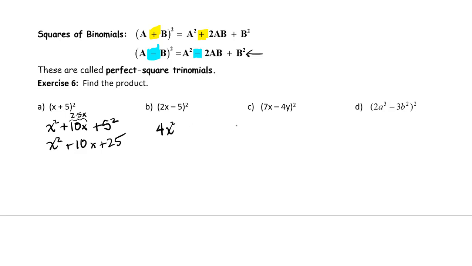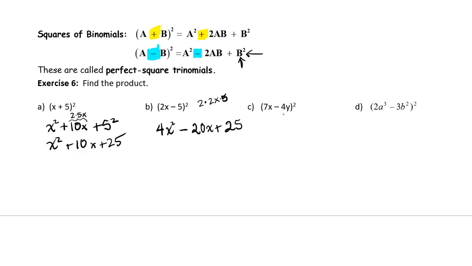And then our last term, if we look at the b squared portion, that would be 5 squared. So 5 squared is 25. And then we take a negative. So 2 times 2x times 5 will give you 20x. And it will be negative because that's the pattern that we have been following.